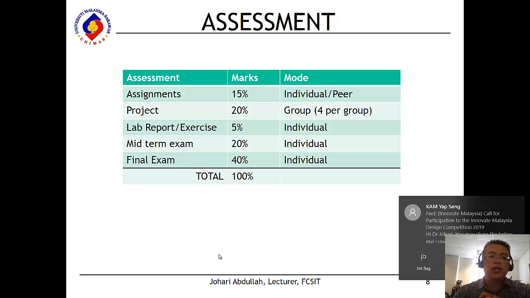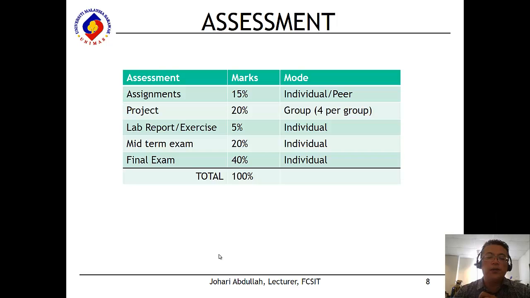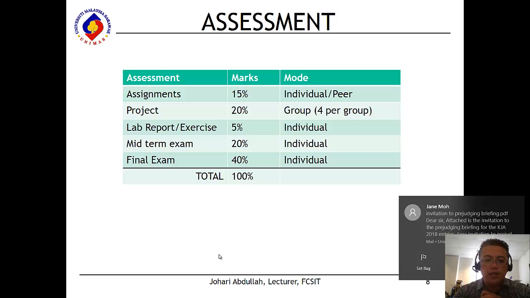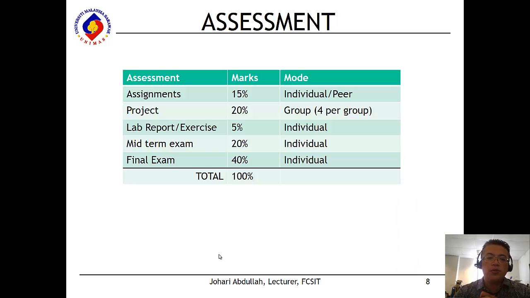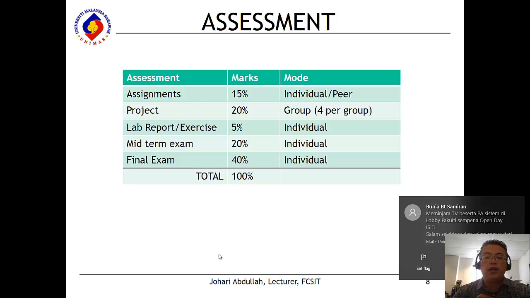Most assignments have task 1, task 2, task 3 broken down into smaller problems or questions. You try to answer as much as possible, and the most important thing about assessment is to try to see your lecturer, either make an appointment to see him or her or me, and then you show what you have done.